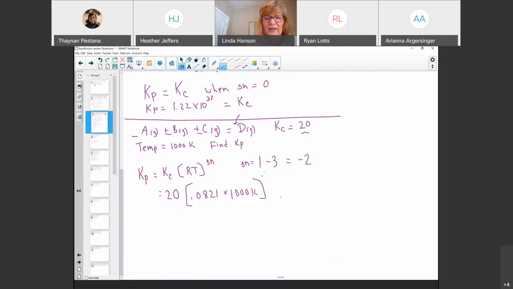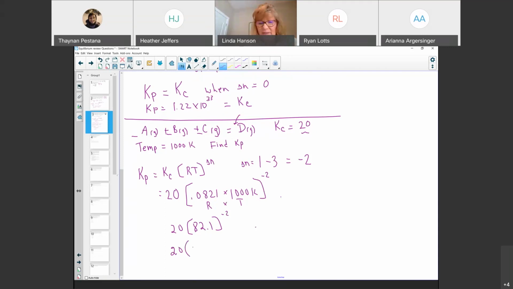This now gets raised to the -2 power. The R is a constant, but the temperature could change as you're reading the story problem. And I would say 0.0821 times 1,000. And when I do that, that came out to be 82.1, and that's still raised to the -2 power. So 82.1 raised to the negative 2.